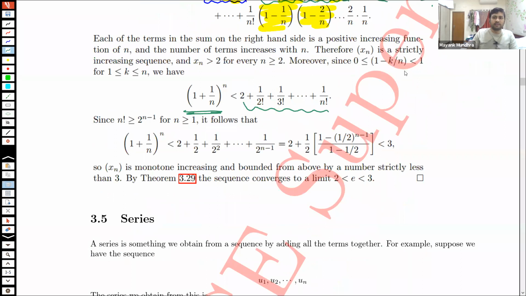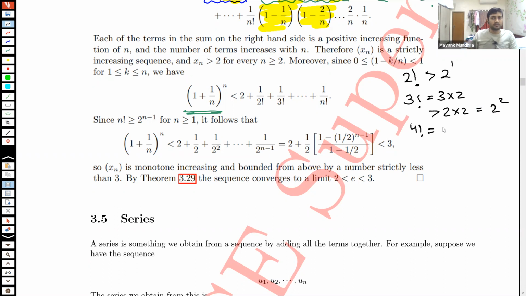Okay, so what I have is that 2 factorial is greater than or equal to 2 to power 1. 3 factorial, which is basically 3 into 2, is greater than 2 into 2, which is basically 2 square. 4 factorial, which is basically 4 into 3 into 2, is greater than 2 into 2 into 2, which is basically 2 cube.